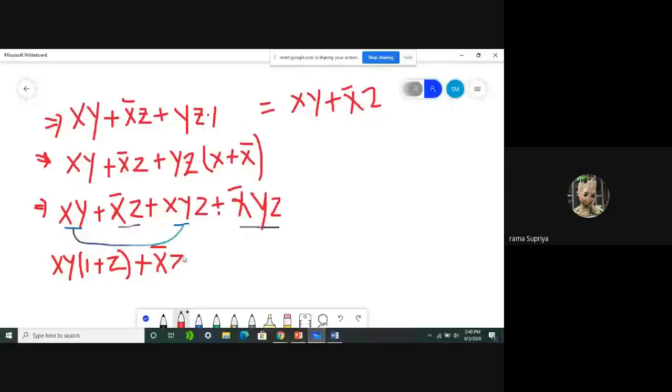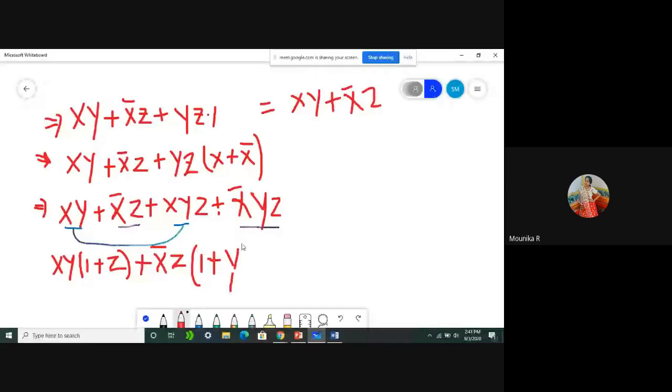What is the value of 1 plus Y or 1 plus Z? It is always equal to 1.